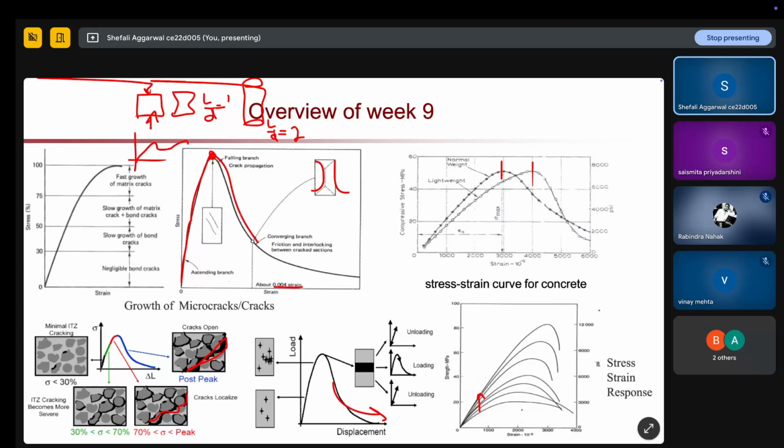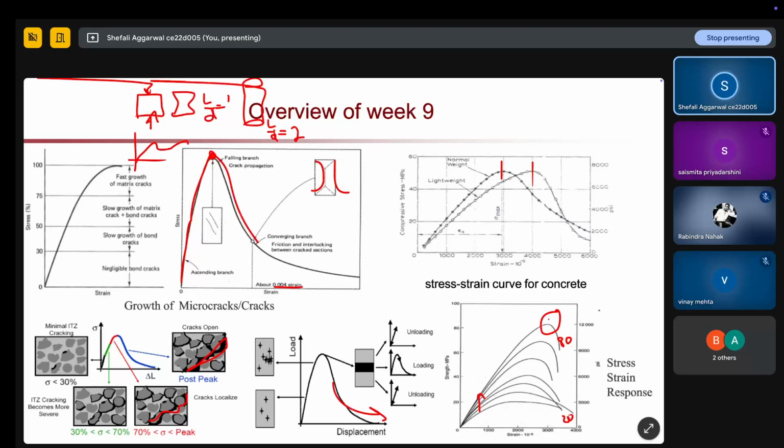And the other difference is that the peak point becomes sharper. Let's say this is your 20 MPa concrete and this one is your 80 MPa concrete. If you compare them, the 20 MPa concrete has a lower elastic modulus, but your concrete won't fail suddenly.